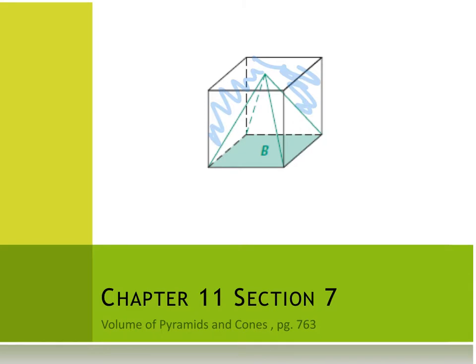So this is how we can come up with our formula. We would have volume is 1/3 area of the base times the height, because if you recall, volume of a prism is area of the base times the height.